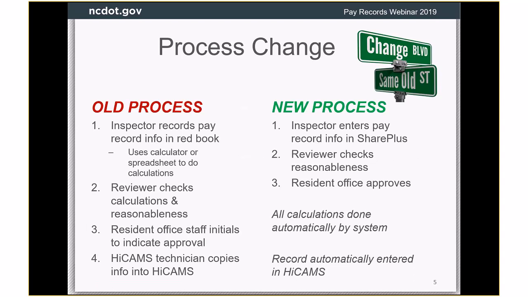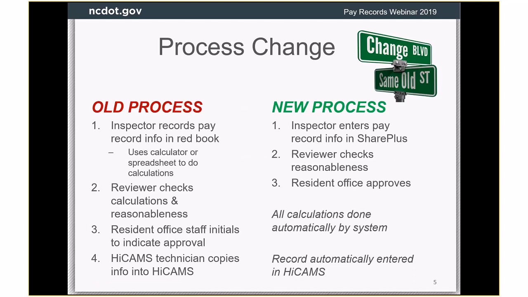So the new process is a little shorter. The inspector still has to enter the measurement information into SharePlus in their iPad. They don't have to do the calculations. The calculations will be done for them. A reviewer can still check it, but they hopefully won't have to check that the calculations are correct because the system will be doing them in a consistent manner. They just need to check for typos and complete entries and stuff like that.